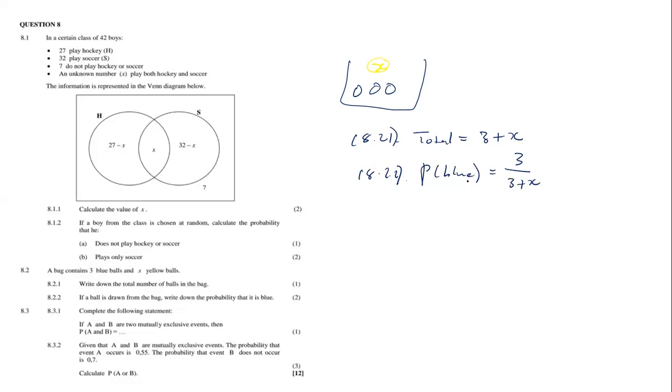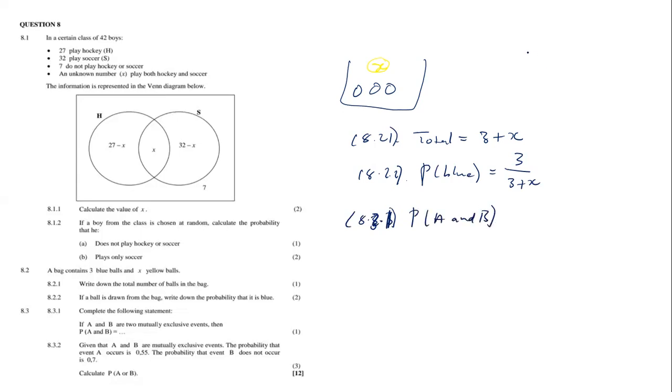Okay, all right. Now we move to the next question, 8.3.1. They say to us, complete the following statement. If A and B are 2 mutually exclusive events, then what is the probability of A and B?